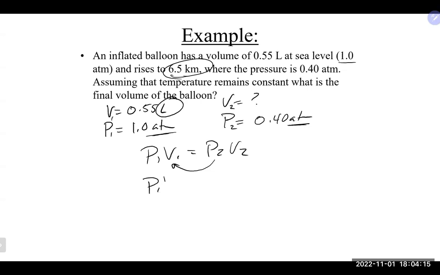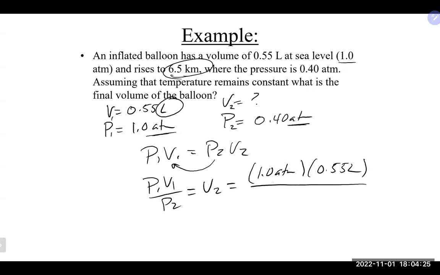That will give us P1 V1 over P2 equals V2. And we end up with 1 atmosphere times 0.55 liters divided by 0.4 atmospheres. Atmospheres here will cancel, and we'll end up with 1.4 liters at this point.